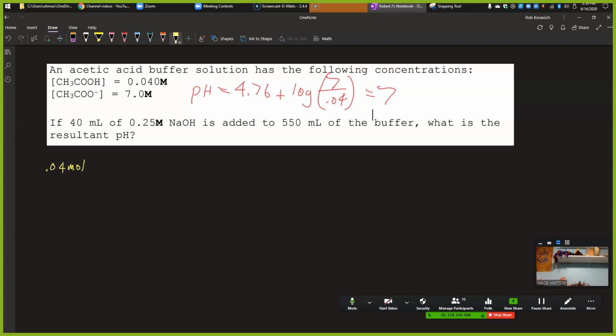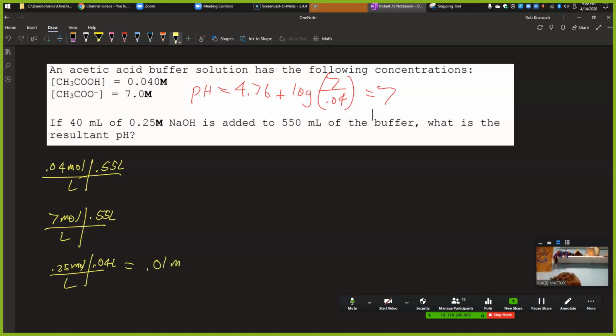So we're going to go with 0.04 mole per liter, and there's 0.55 liters, and we're going to go 7 mole per liter, and we have 0.55 liters, and we've got 0.25 moles per liter, and this was 0.04 liters. This was 0.01 moles of OH.